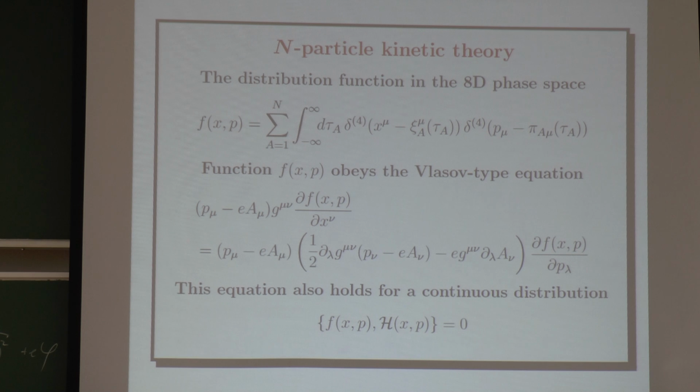Now I can just say I do have a distribution function in this 8-dimensional phase space, and the question is, what is the equation that this distribution function must obey if these trajectories obey the... But physically, the value of f in the given space-time region, what does it mean?